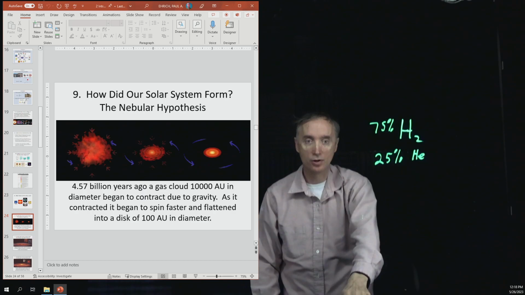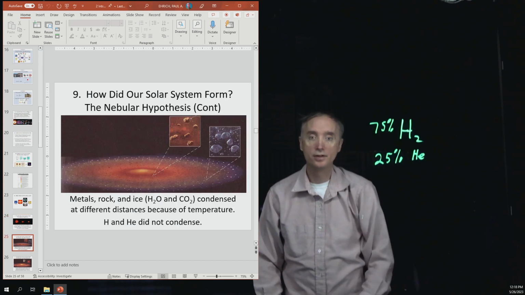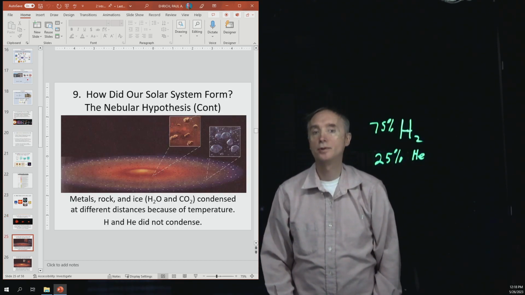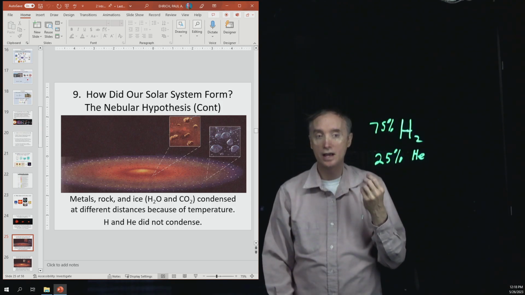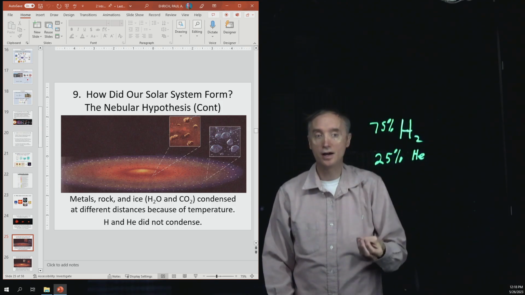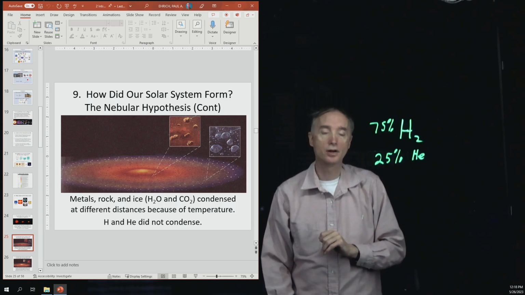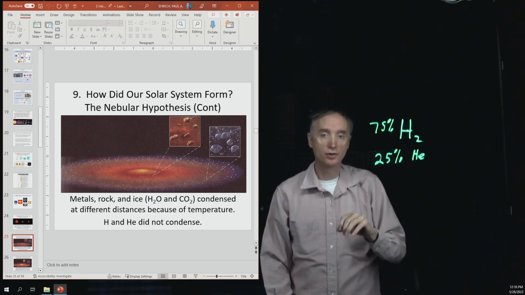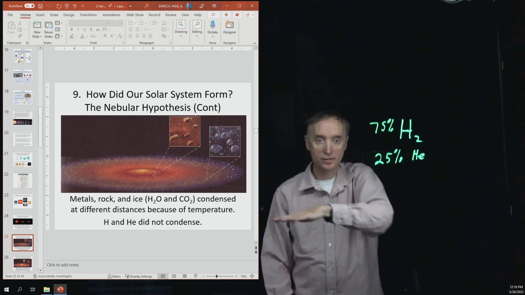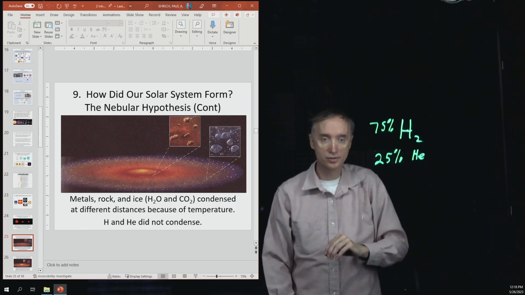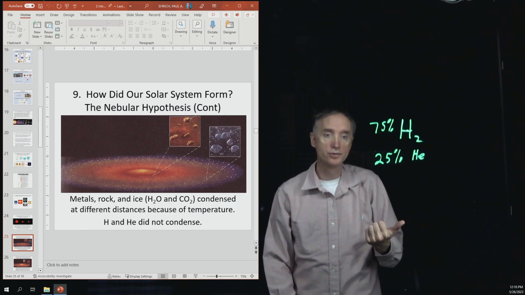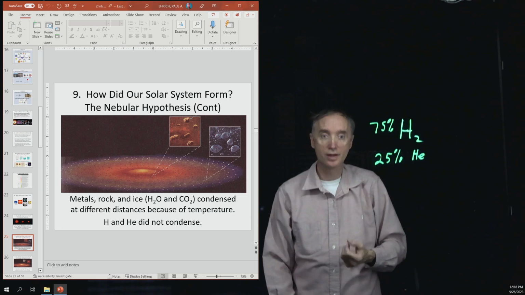All right, so let's keep going here. So then the next thing that's going to happen is that the ice and the dust particles are going to begin to be distributed in different parts of the solar system. So initially, in this disk, you have a uniform composition of dust particles and ice particles and gas particles.